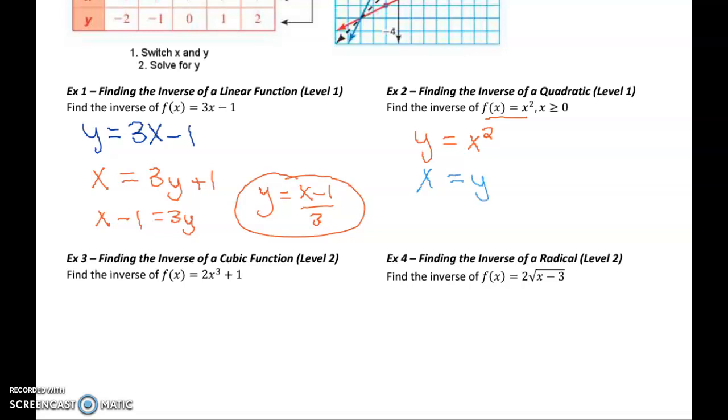And then the second step is just to solve for y. So I need to get y alone, so I take the square root of both sides, and we would put a plus or minus here. So y equals plus or minus the square root of x.